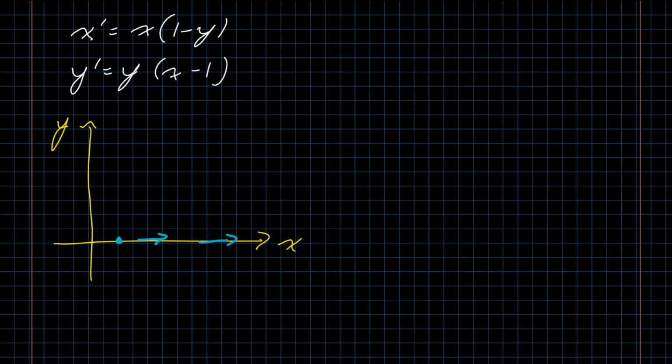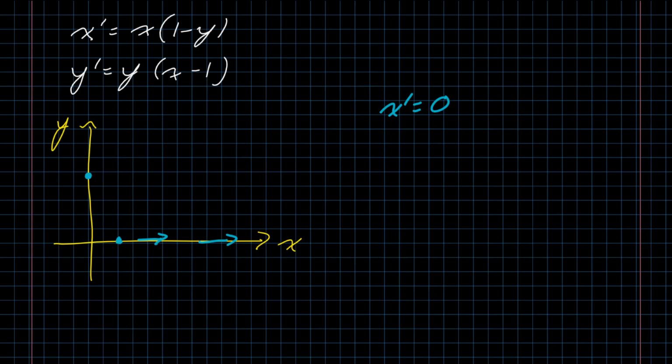But what about something over here on the y-axis? Well, if we are on the y-axis, that means we're setting x equal to 0. So there are no rabbits to begin with. And if there are no rabbits to begin with, well, we have 0 times 1 minus y, which is going to be 0. The rabbits aren't going to change in population. If there are no rabbits, there will not suddenly become rabbits.